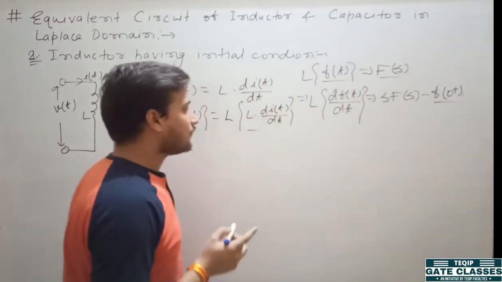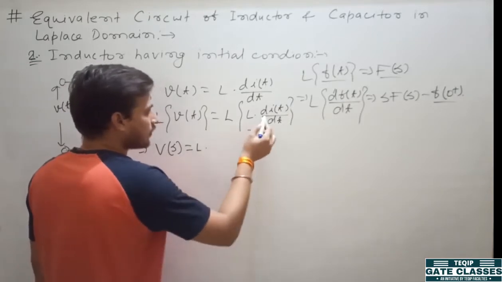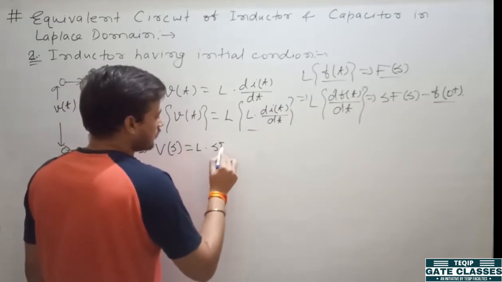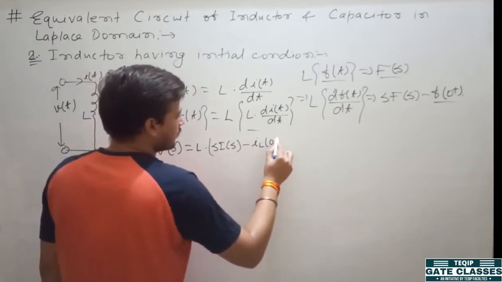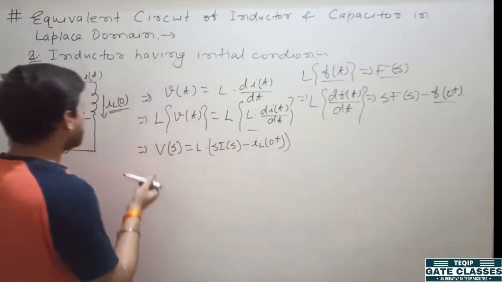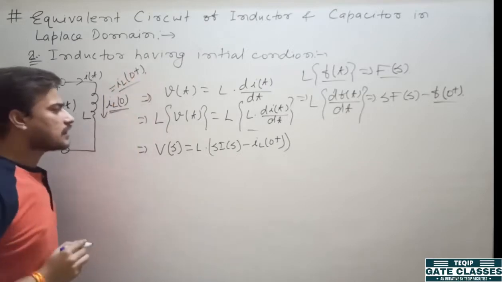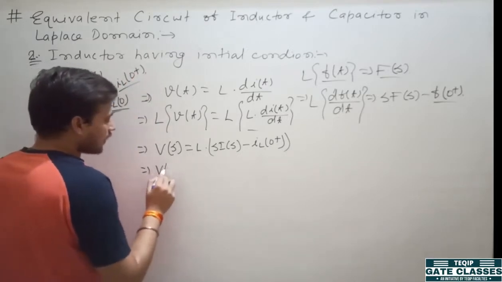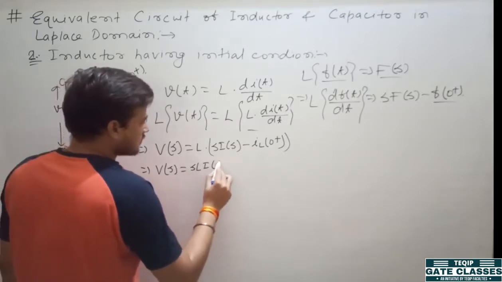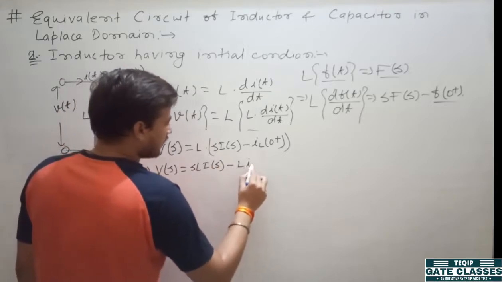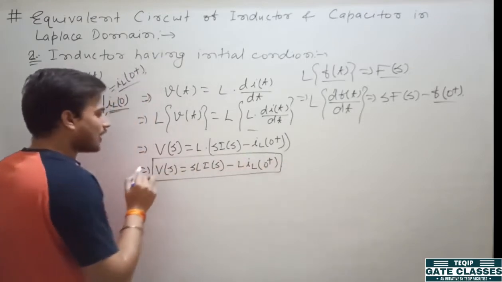So here it will be L, which is constant, into S into Is minus IL0 plus. Here IL0 will be equal to IL 0 plus because inductor does not allow sudden change in current. From here we can write Vs equal to SL into Is minus L IL 0 plus. This is the final equation in Laplace domain.